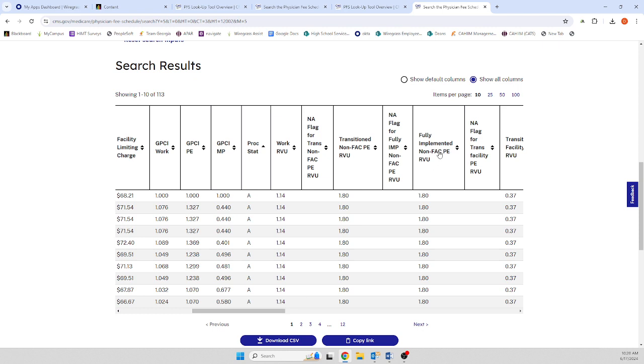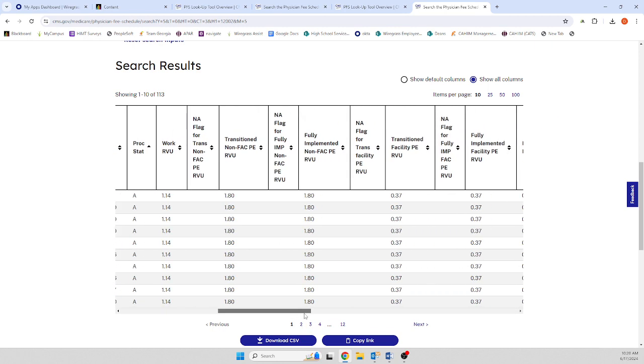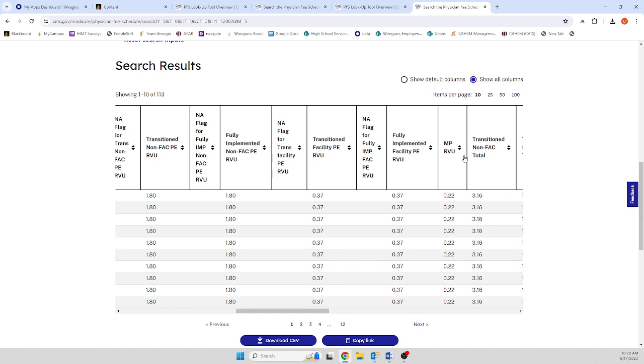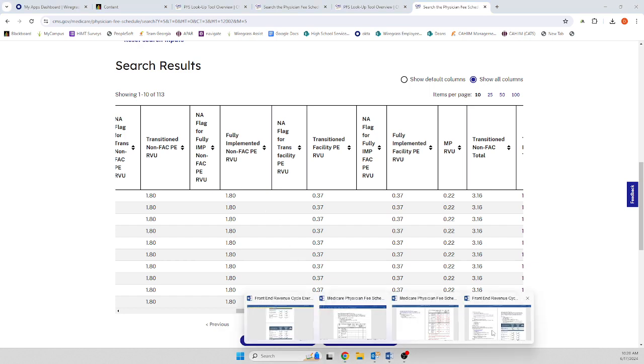Our fully implemented non-facility PERVU is 1.80. And our MPRVU is 22. Okay, so I got all of that from coming across. Now, let's come here.